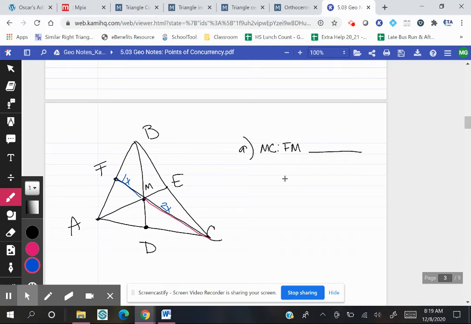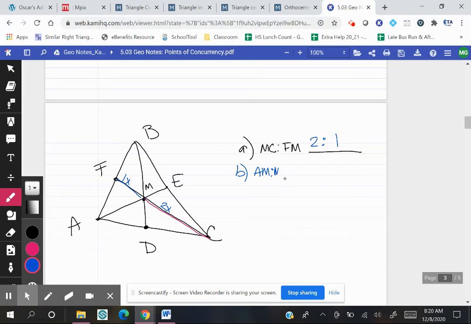So MC should be double the length of FM. So if you always memorize here that MC is 2x and FM is 1x, the bottom part's the 1x, the top part's the 2x, that will be really helpful. So that tells us that it's in a ratio of 2 to 1.